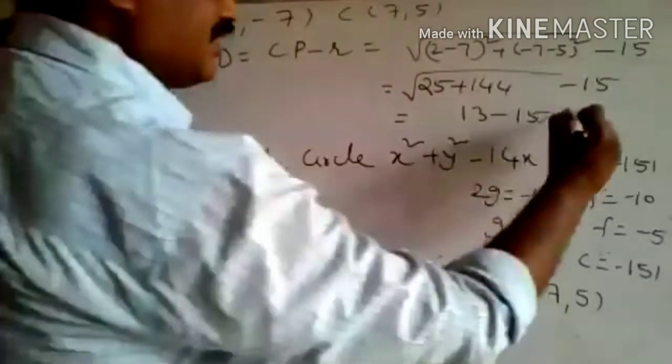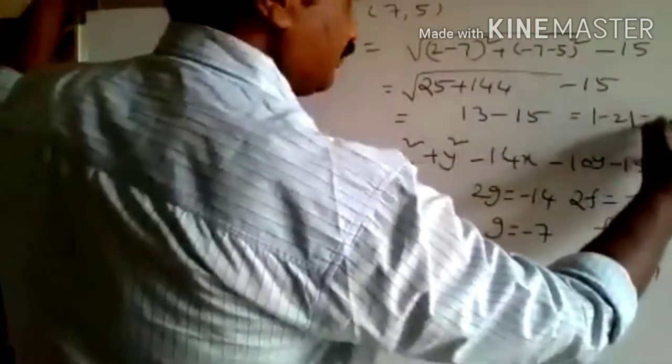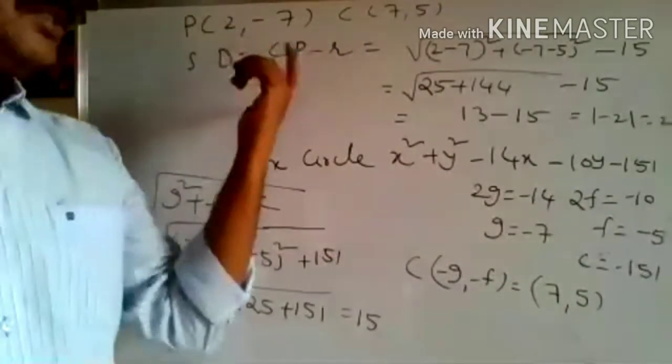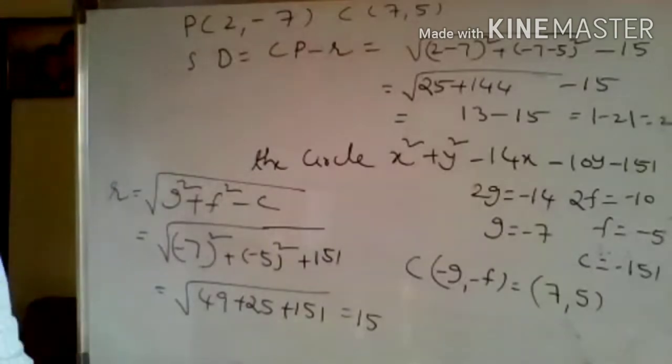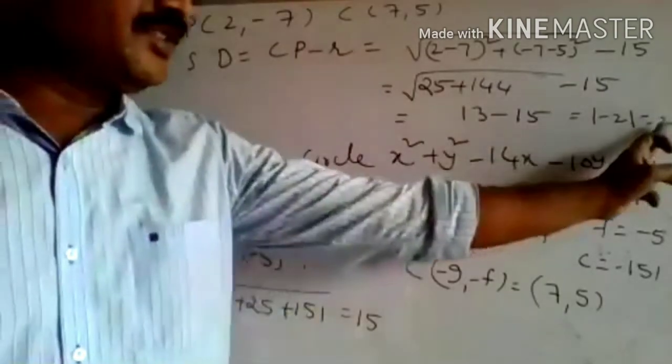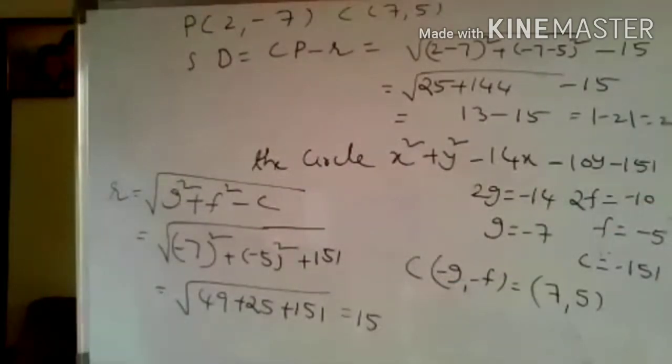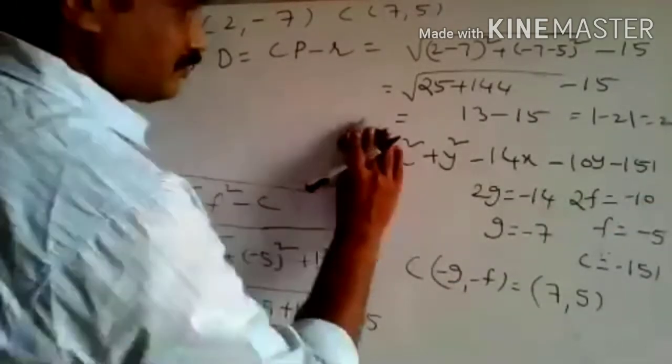Therefore, the shortest distance is equal to mod of minus 2, which is 2. Shortest distance is equal to 2.